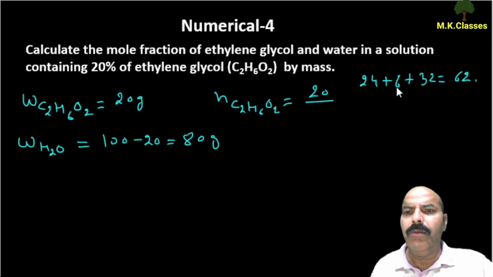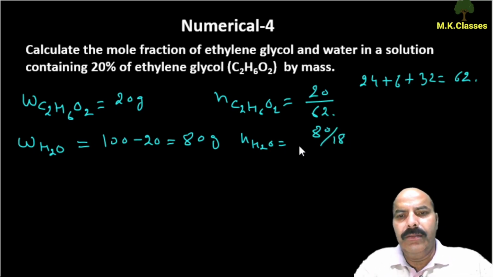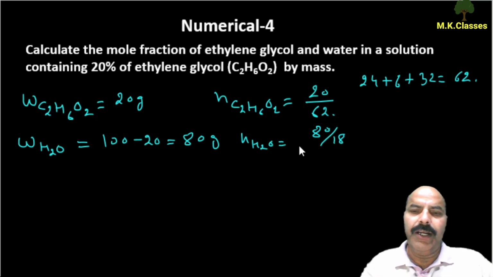So its molecular mass is 62, so divided by 62. Similarly beta, the number of moles of water H2O will be equal to 80 upon 18, beta, because its molecular mass is 18 for water, beta.